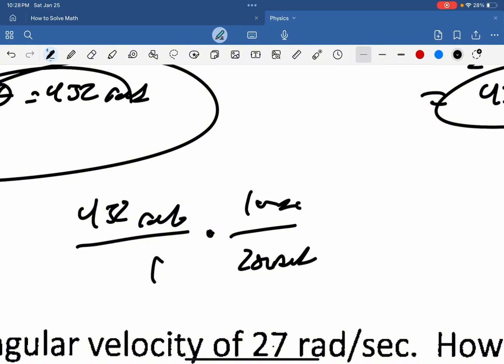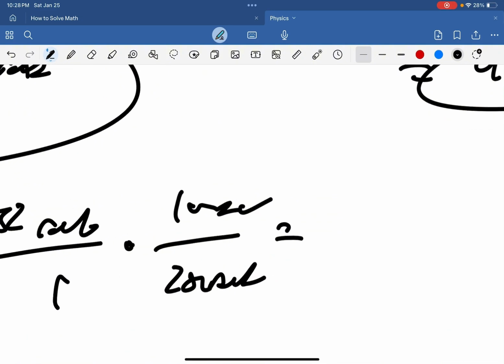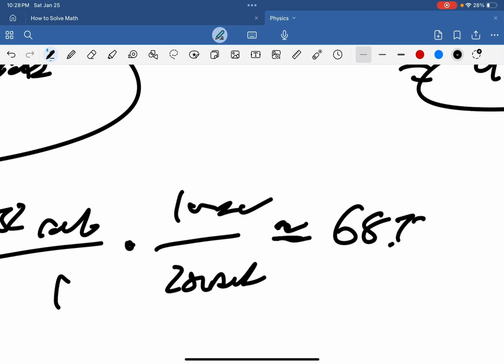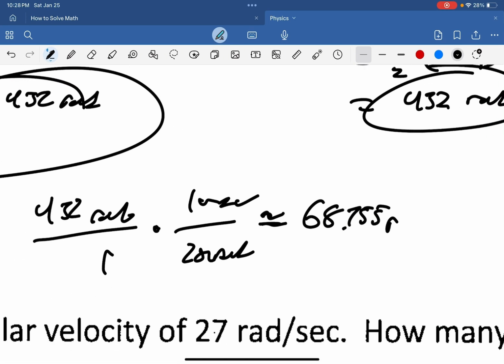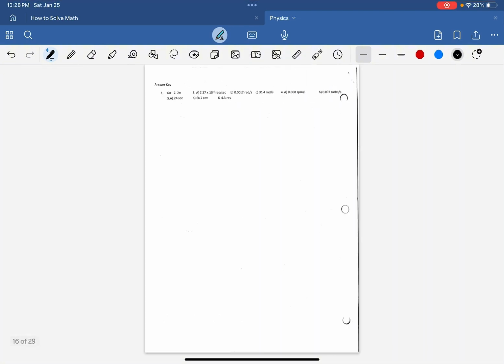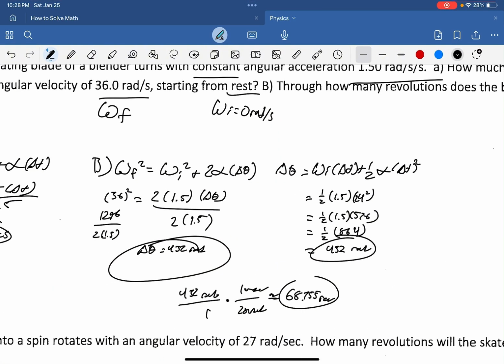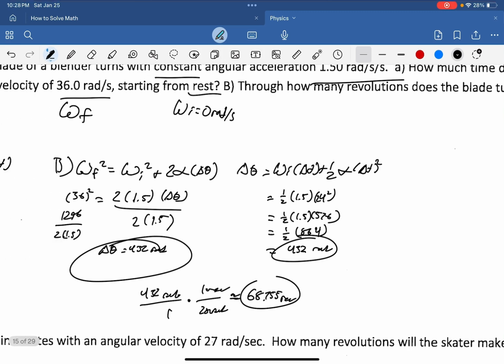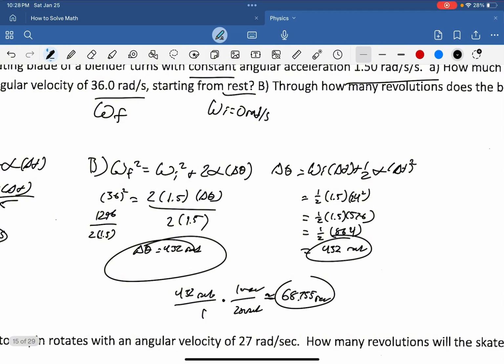And this should equal our actual answer that is on the answer key, right? 432 divided by 2 pi. I'm going to round it. 68.755 revolutions, or somewhere around there. 68.7 revolutions. Yes, thank you. My bad, guys. I forgot to convert to revolutions. But yeah, see, this is an example where you need to convert.